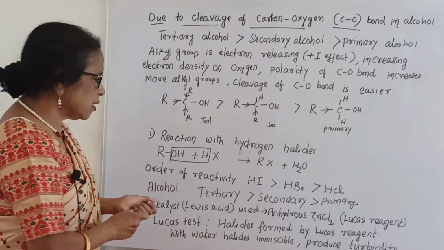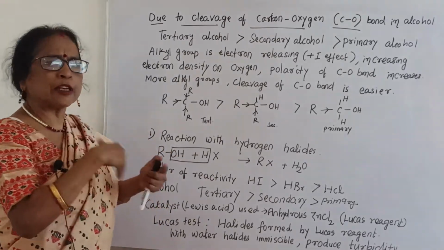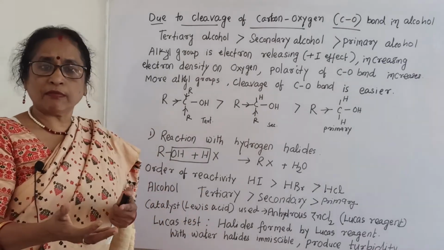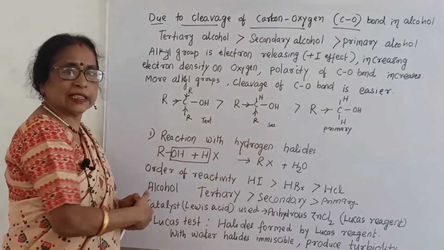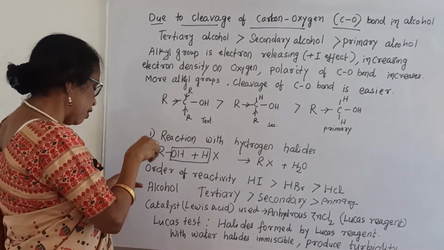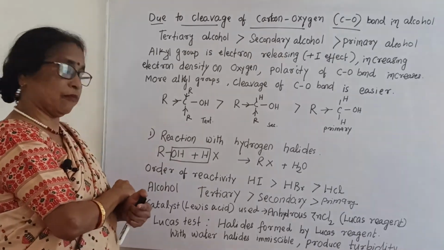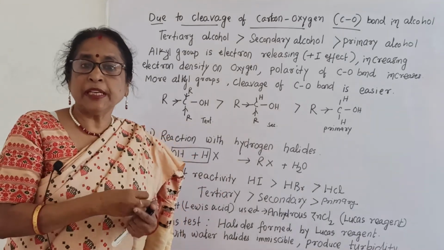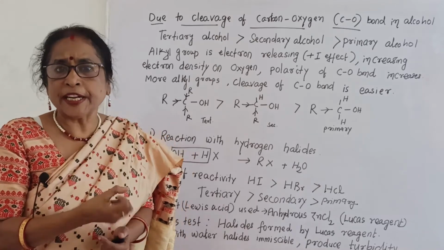Why? Because with Lucas reagent, that is anhydrous zinc chloride, halides are formed and water is the byproduct. These halides, when treated with water, are observed to be immiscible. Immiscible means some turbidity is produced.